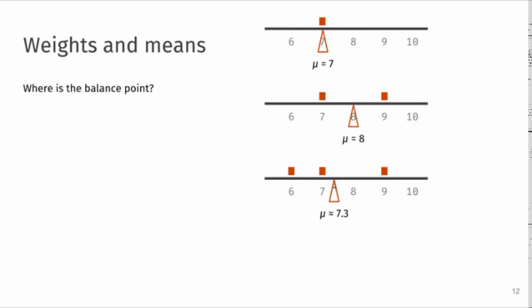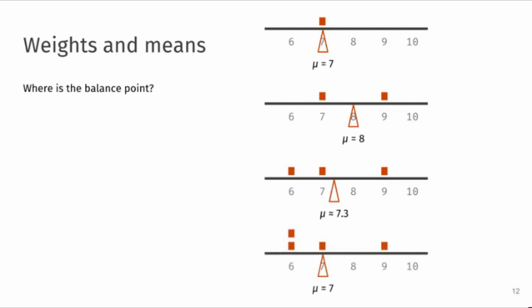And we don't want to nudge it too far towards 6, because then this extra weight at 9 would cause the fulcrum to fall down. So we have to nudge it just a little bit. And it gives us 7 1/3. So about 7.3 is the balance point for this set of data. And our mean, once again, definition just comes from this. So 6 plus 7 plus 9 divided by 3, that is 7 1/3. So it's about 7.3.